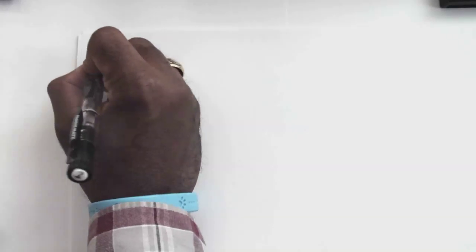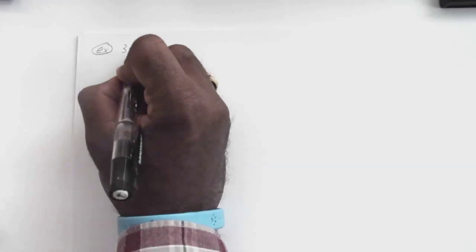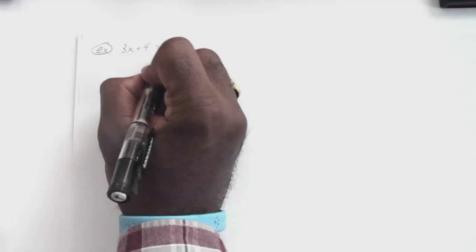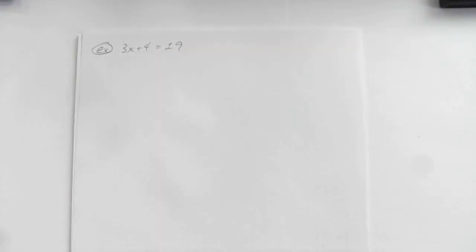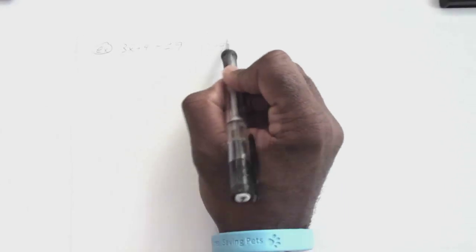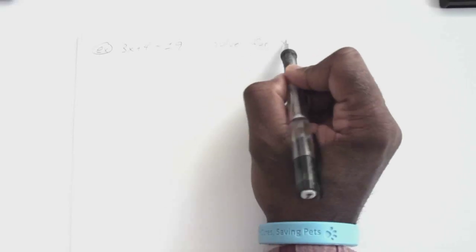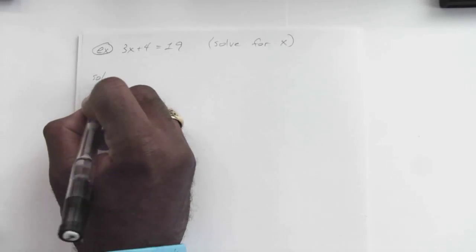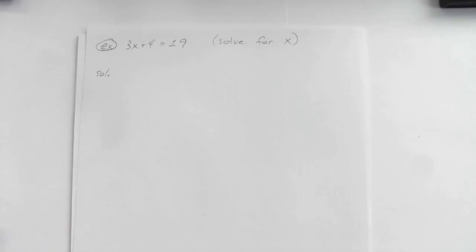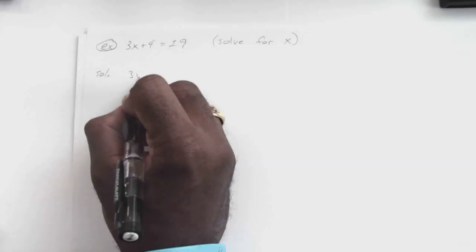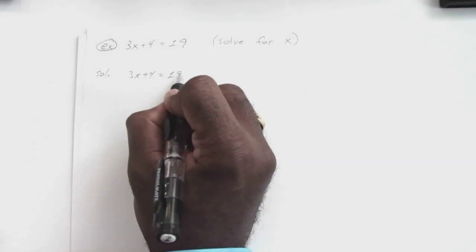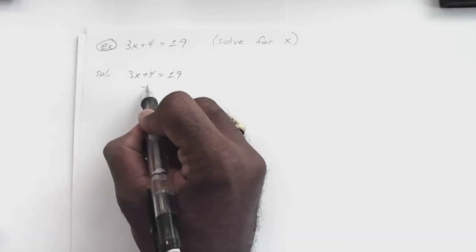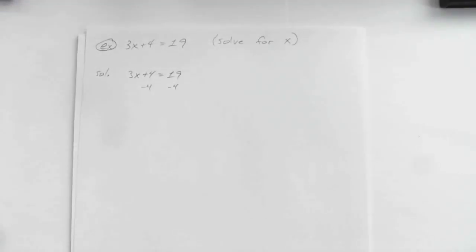So what if we had the example 3x plus 4 equals 19, and again, we want to solve for x. Usually our first step is we want to get the x term by itself. So for 3x plus 4 equals 19, we subtract 4 from both sides.